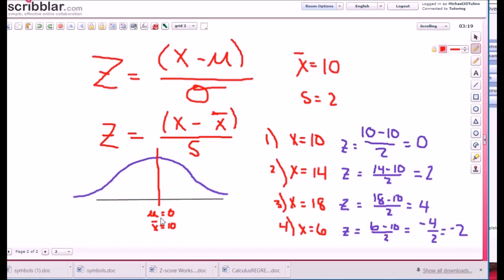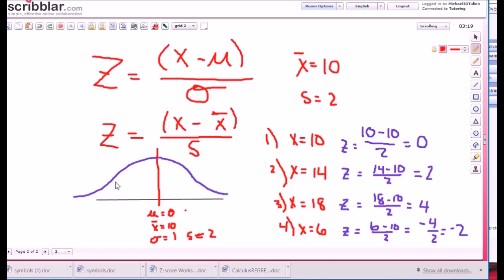And for the population in general, going towards the standard curve, this spot is also where sigma is 1. In our situation, that's where S is, where the standard deviation is 2.